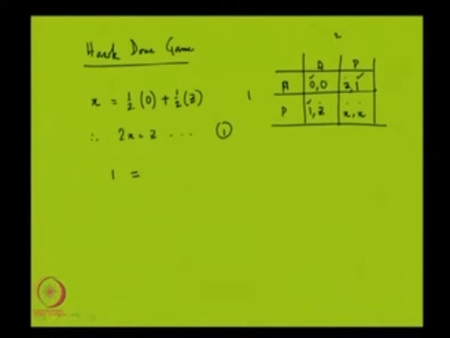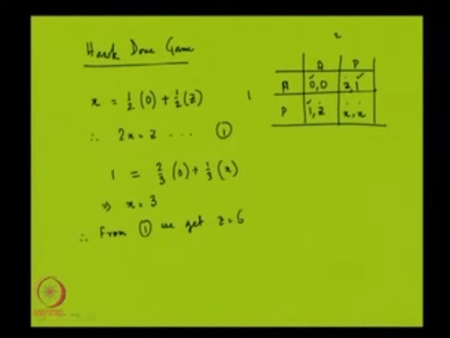This is equal to the lottery that assigns 2/3 to the outcome aggressive, which is 0, and 1/3 to passive, which is X. So from this condition itself I can find the value of X, which is 3, and if I substitute it in 1, we get Z is equal to 6.